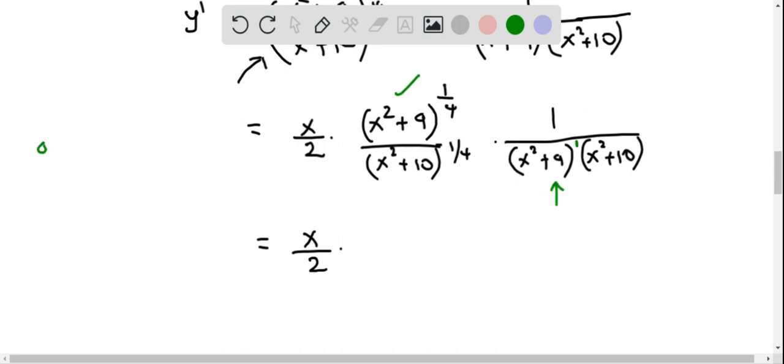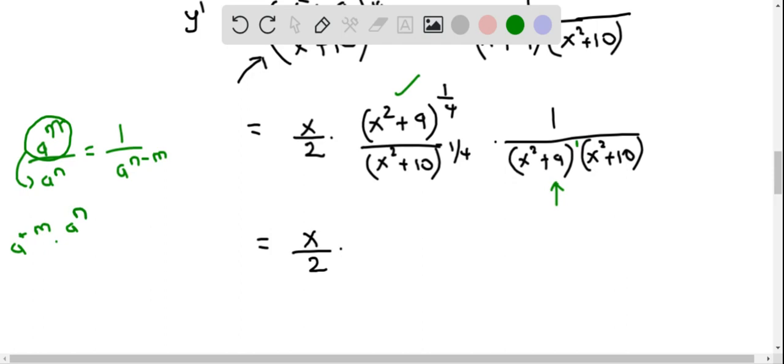Suppose we have a raised to the power of m divided by a raised to the power of n, we can write this as 1 over a raised to the power of n minus m. That is, we can bring this term down here, and when you bring it down, it becomes a raised to the power of negative m, and we already have a raised to the power of n. So when you combine these two, we get a raised to the power of n minus m.